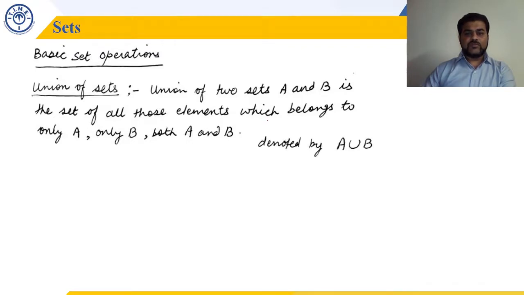It is denoted by this symbol. This is read as A union B, and technically we say A union B means, in set builder form, all the elements X such that X belongs to A or X belongs to B. Here OR means inclusive.